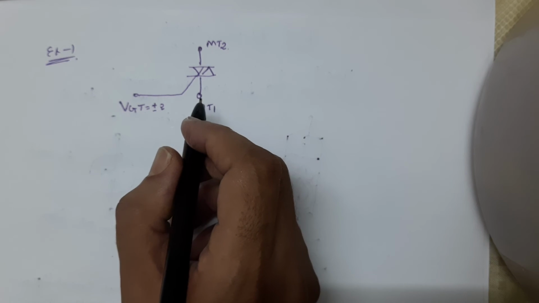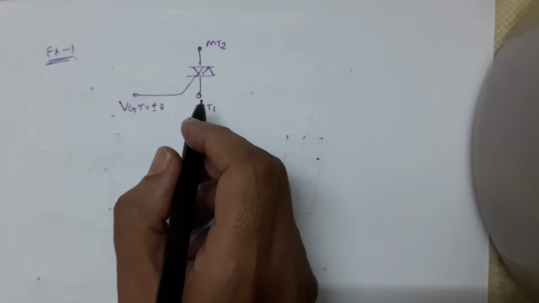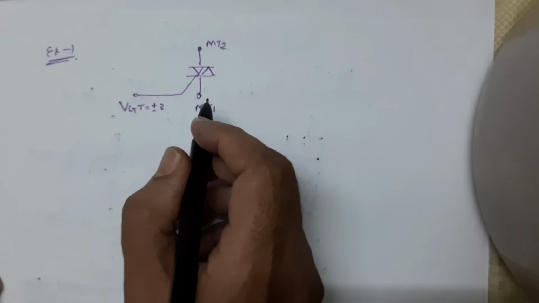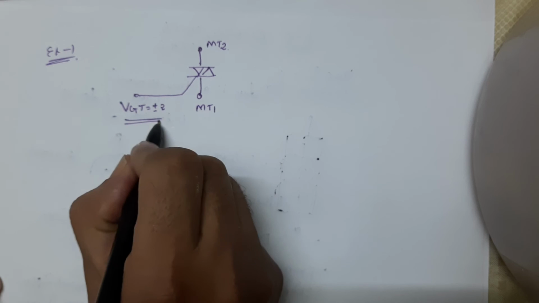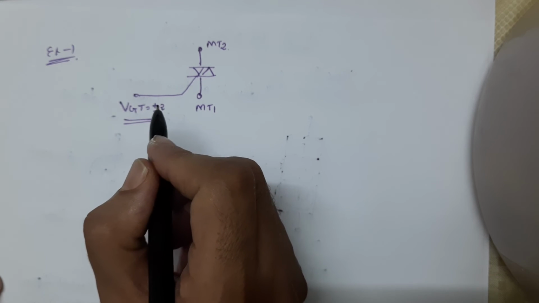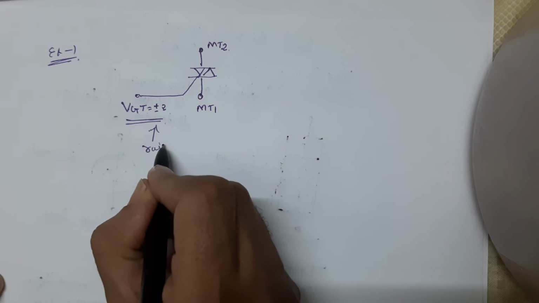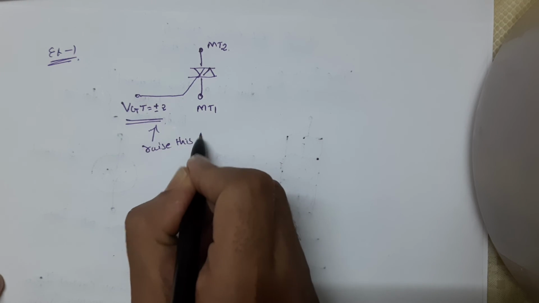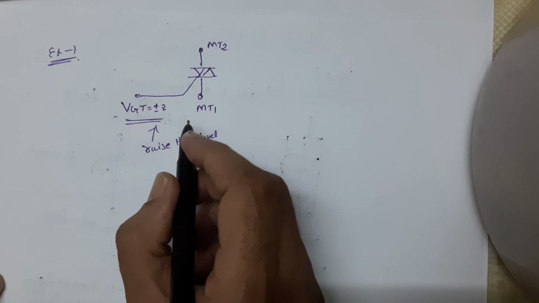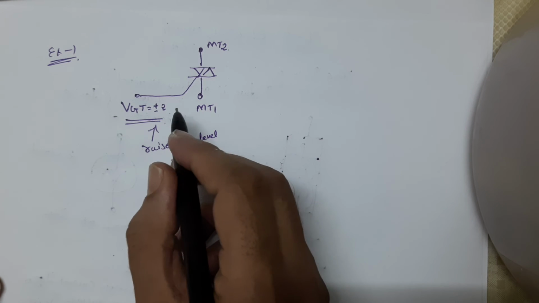We require a small gate triggering voltage VGT to fire a triac into conduction. How will you raise the trigger level of the triac? The trigger level of the triac is plus or minus 2. We want to raise this level.